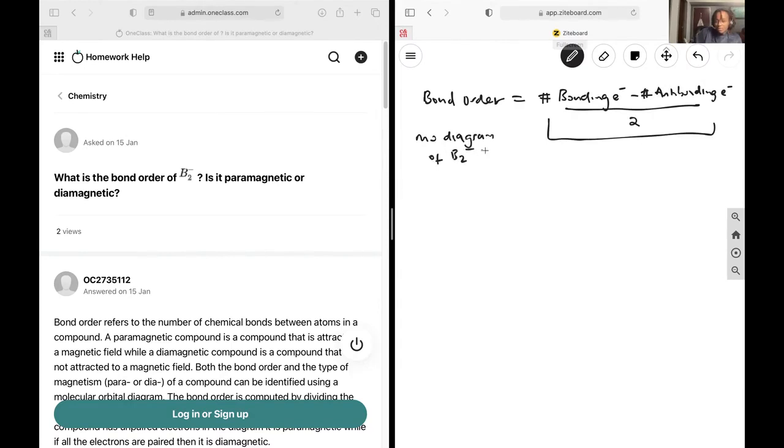of B2 minus. Next up, we need to figure out what paramagnetic or diamagnetic means so that we can know what we're looking for based off of this bond order and based off of the MO diagram. Paramagnetic means that it will interact with a magnetic field.